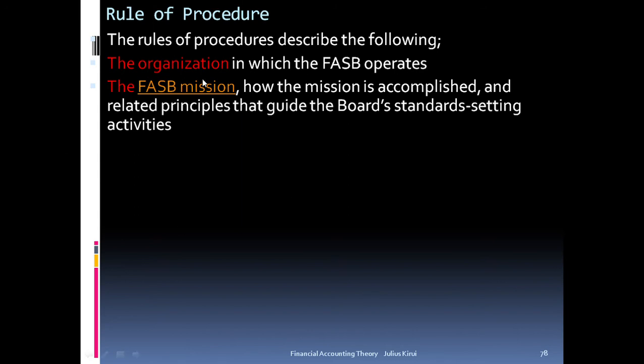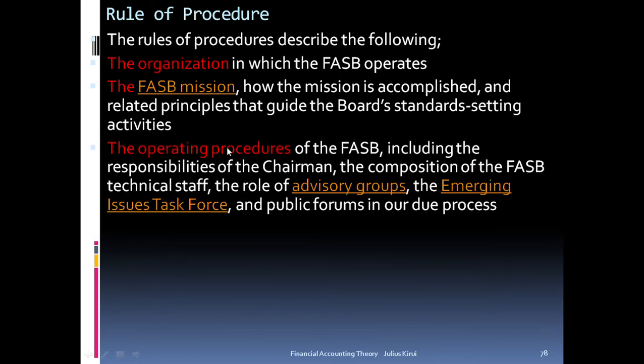We need to have a mission, because a mission will give us a direction. A mission will incorporate the vision. So it is critical to know that a mission must be there in the procedures of accounting standard.